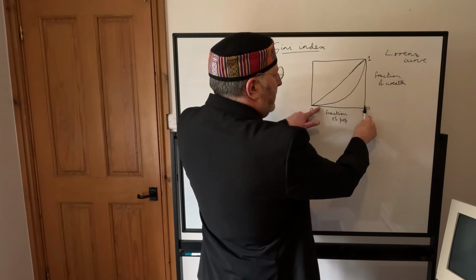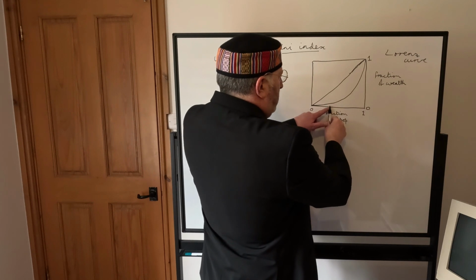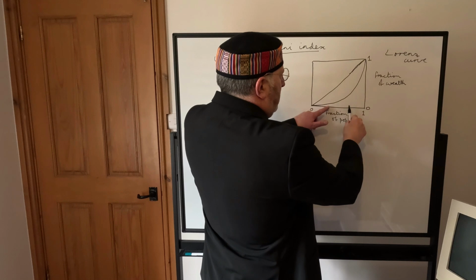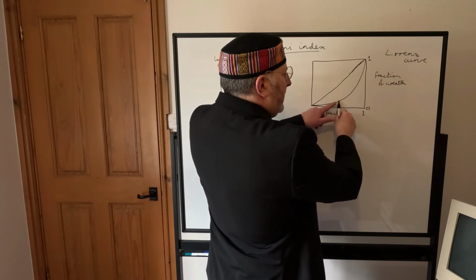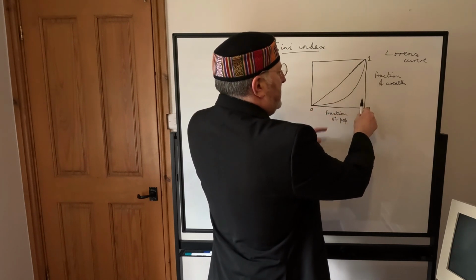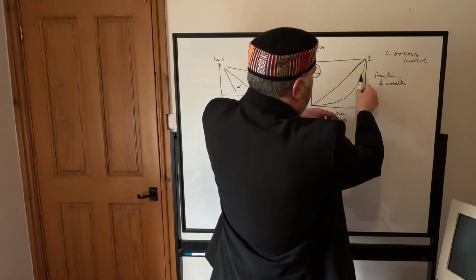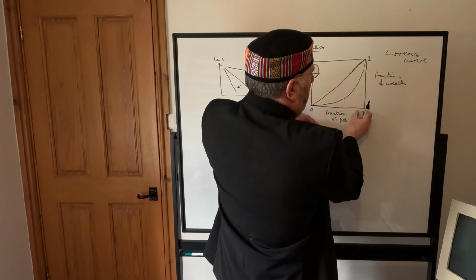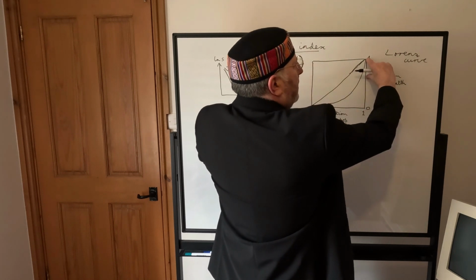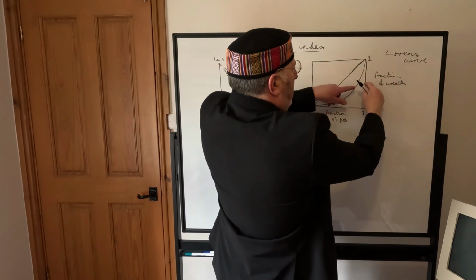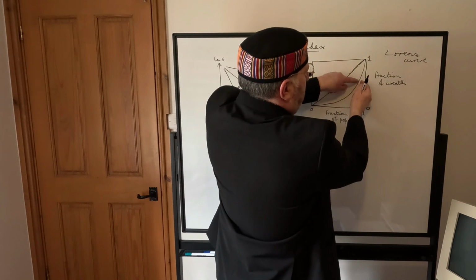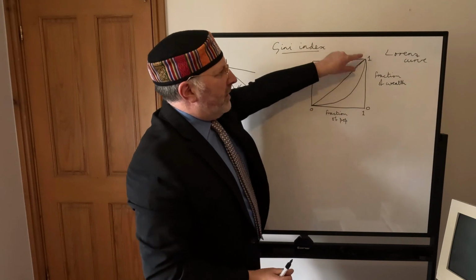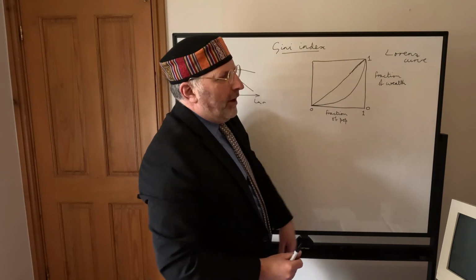They might only have 1% of the wealth. And then we go up to 20%, it's still very low, maybe only 5% of the wealth. And 30% of the population only has about 8% of the wealth. But then when we get to the last 10% of the population, they have 30% of the wealth. So we jump from 70% all the way up to 100%. So the last 10% has 30% of the wealth.